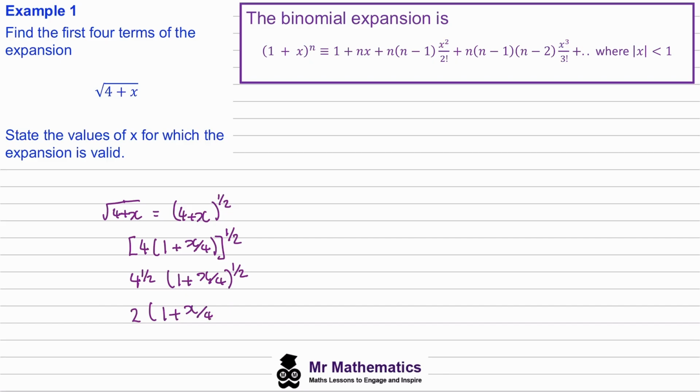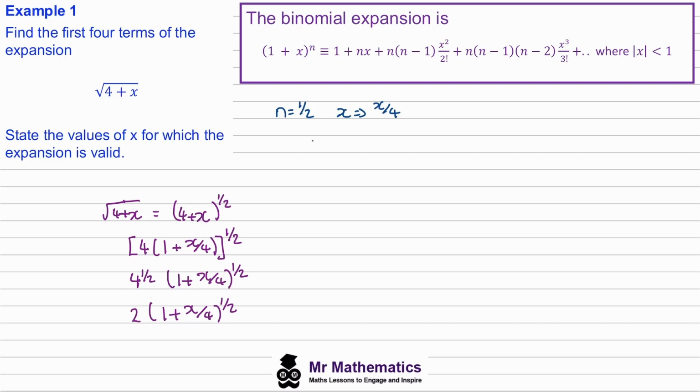So all we need to do is expand out 1 plus x over 4 to the half using this expansion. We know that n is the power, this is 1/2, and the x term can map onto x over 4. So we'll substitute these values into this expansion.